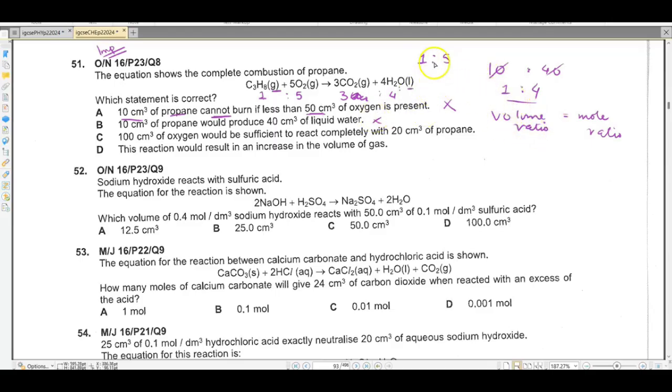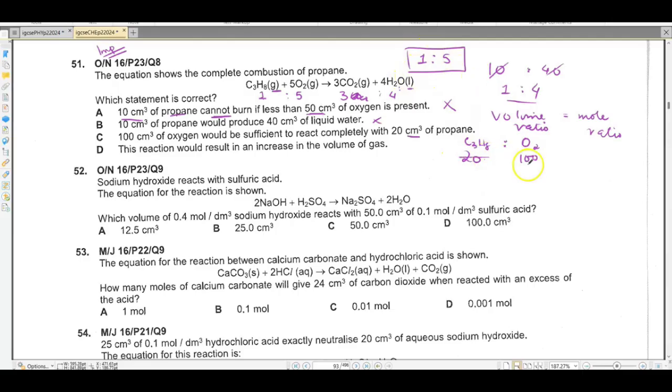You might be inclined to take this one as correct, thinking yes, it is 1:4, so this would be correct, but it is not correct because of this issue. Now, the third one states that 100 centimeter cubes of oxygen would be sufficient to react completely with 20 centimeter cubes of propane. If we look at this, 20 centimeter cubes of propane is there and 100 centimeter cubes of oxygen is there, and they should be in a ratio of 1:5 for complete combustion to happen.